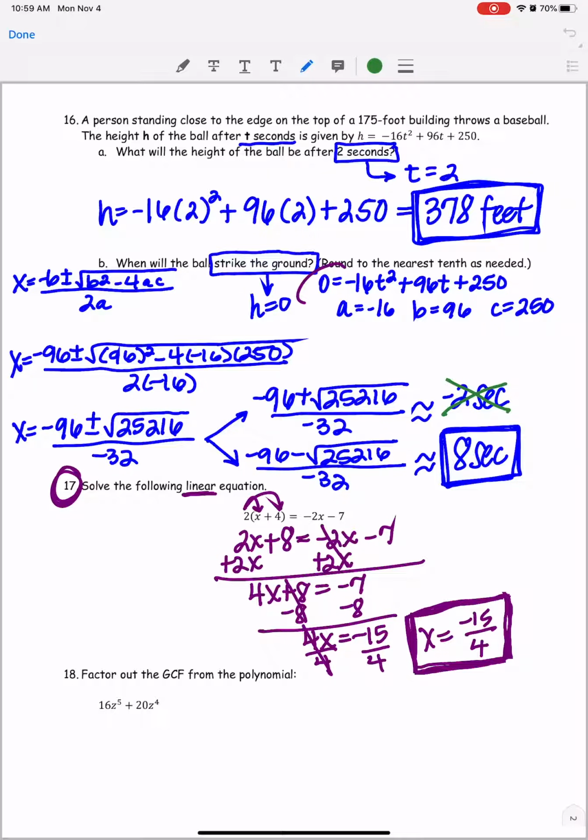And then lastly here, I would say this is another commonly missed question. You're factoring out the GCF. This is distributing backwards. We're undistributing. So look at your number here. What can I divide into 16 and 20? That's going to be a 4.